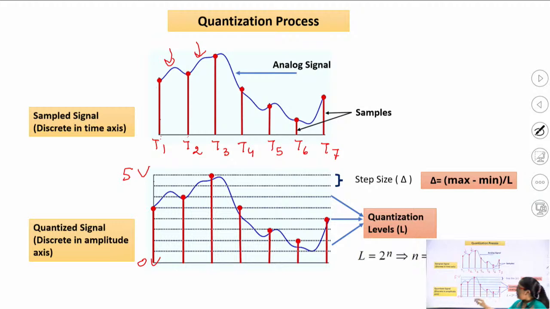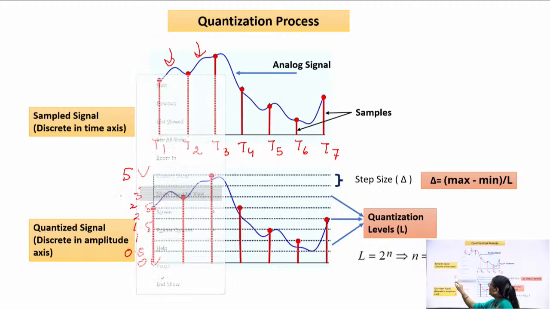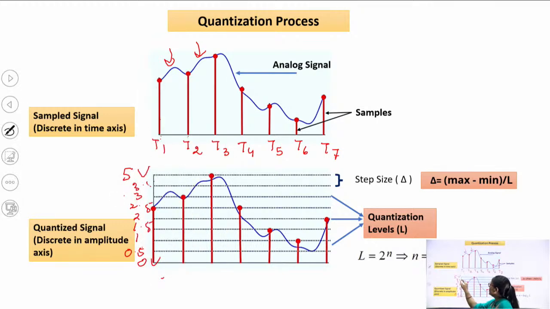That means, let us say 0 volt, 0.5 volt, 1, 1.5, 2, 2.5, 3, 3.5, and we can assign levels to each voltage range in this manner till 5 volt. So each level has an equal amount of gap.